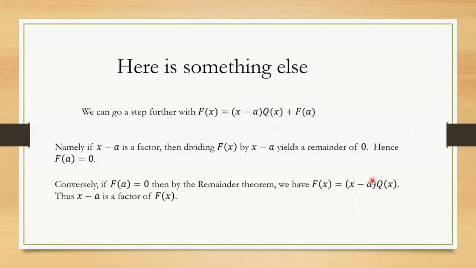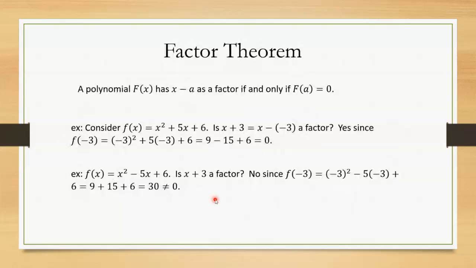So this part would be gone and we have this. In other words, if you evaluate capital F at a and get 0, that tells you x minus a is a factor of capital F of x. And really what I just showed you here was the factor theorem.